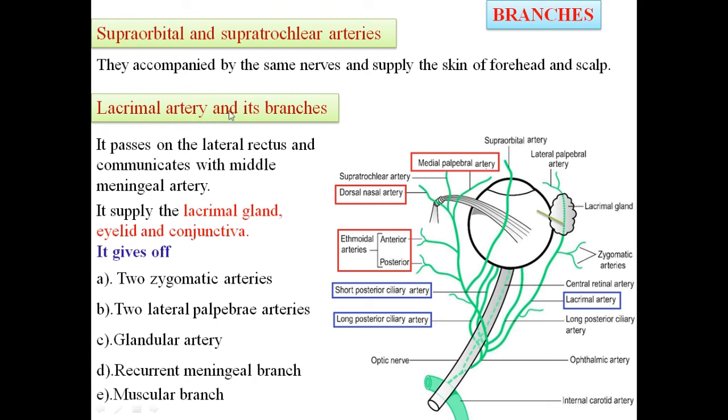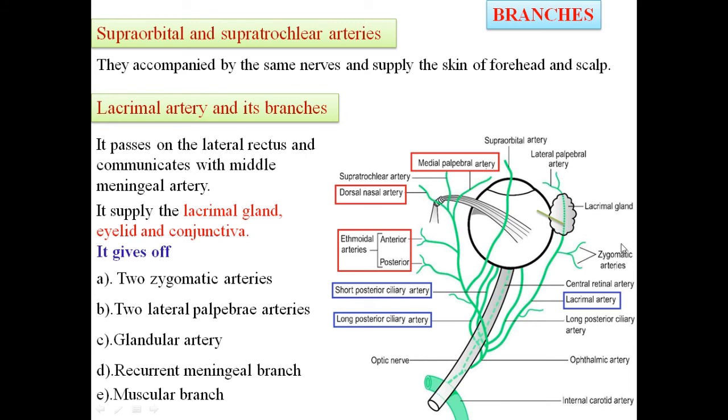And let us see the lacrimal artery. So you can see that is the lacrimal artery. This lacrimal artery passes along the lateral rectus muscle and communicates with the middle meningeal artery. It supplies the lacrimal gland, upper eyelid and conjunctiva.